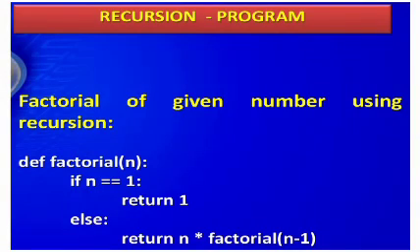For example, here is a recursion example to calculate the factorial of a given number by using a recursive procedure. Here we define the function factorial and pass one argument n, and define the condition: if n equals 1, then it will return 1.